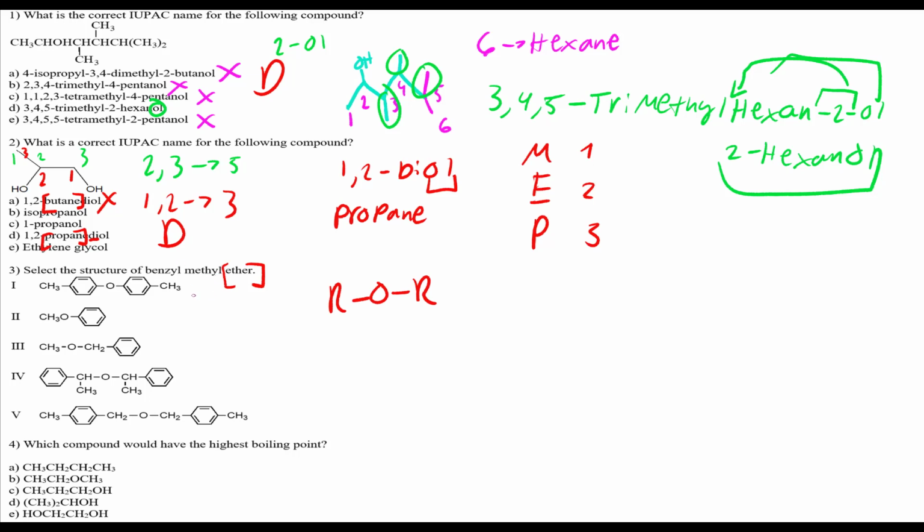Okay, well, a methyl benzyl. If you're stuck, remember that we want 1 ether, right? Or not 1 ether, but we want 1 benzyl. So a benzyl is this guy, right? It's that guy.